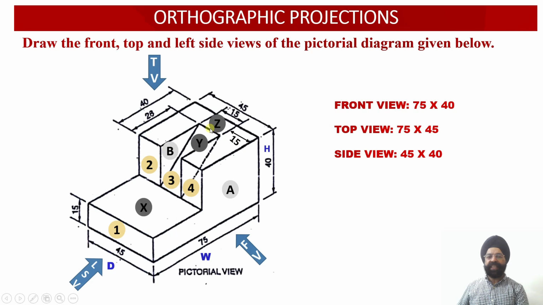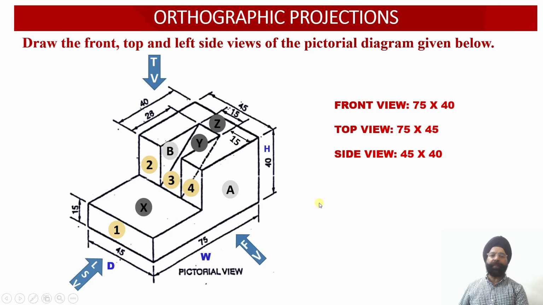But this is the reduced size of the surface that we witness in the top view. The projection of surface Y, which happens to be inclined to the horizontal plane as well, will appear as a foreshortened view or apparent shape in the top view, right?